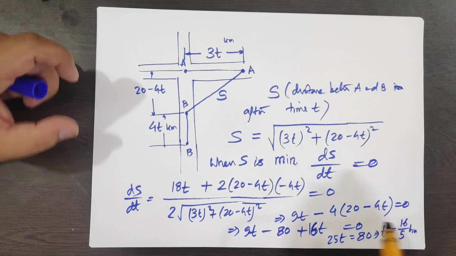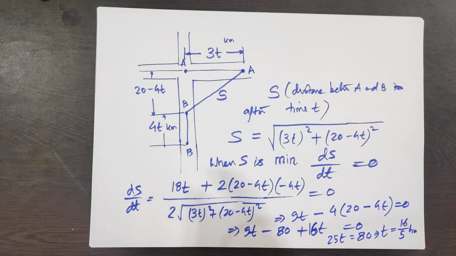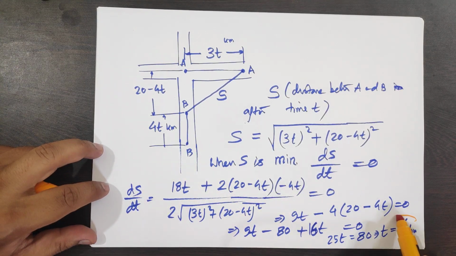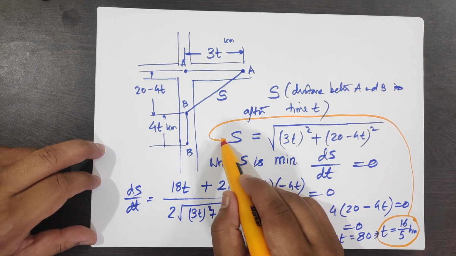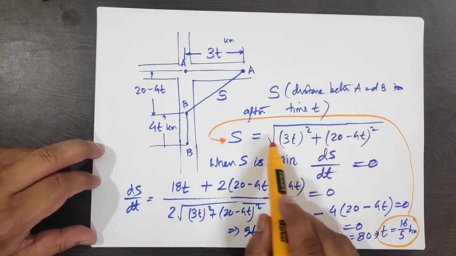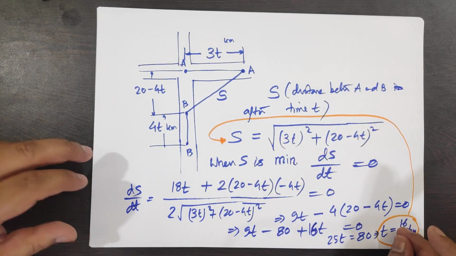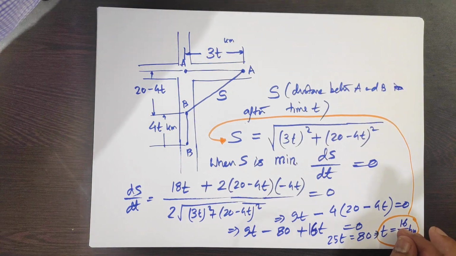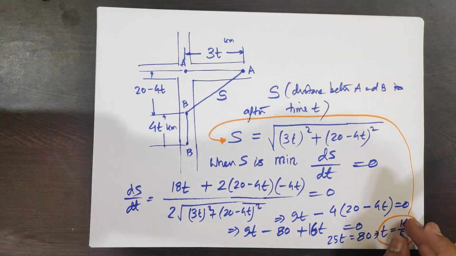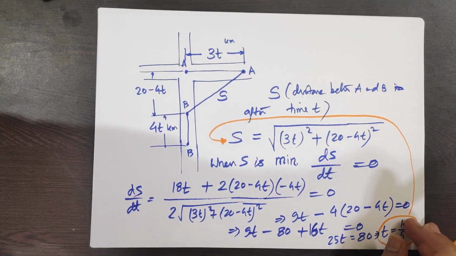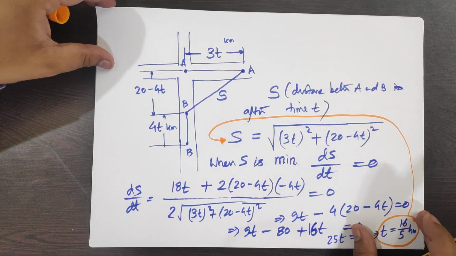Now this value of t as calculated here has to be substituted back into this equation. If you substitute t as 16 by 5 hour, you will get the value we have calculated before, that is 12 kilometer. So this is the minimum distance problem.